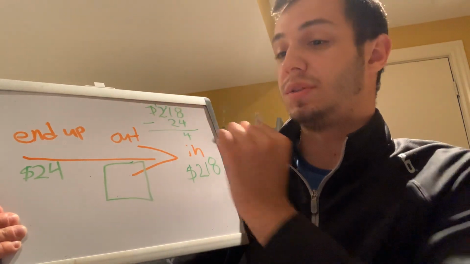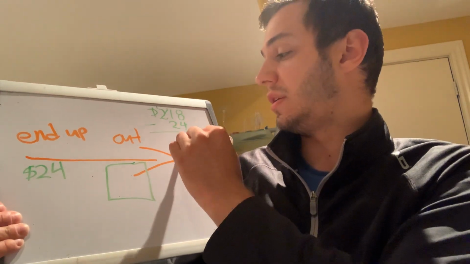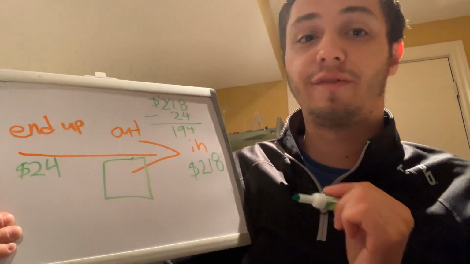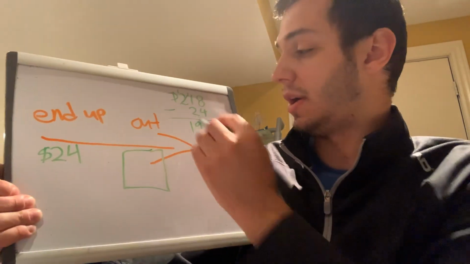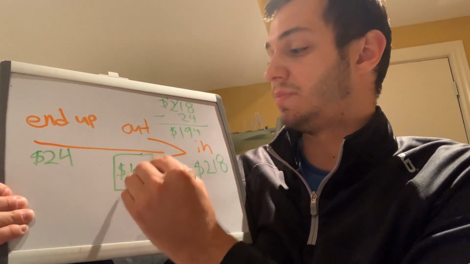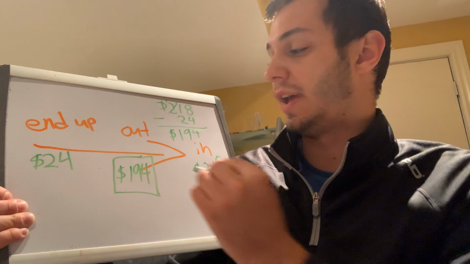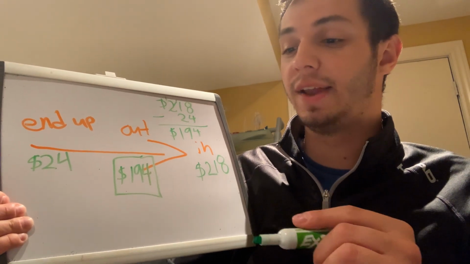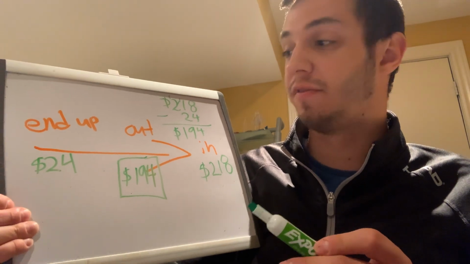So 11 minus 2 gives us 9. And then 1 minus nothing is 1. And don't forget, since we're dealing with money, I have to put in my dollar sign. So the person spent $194.